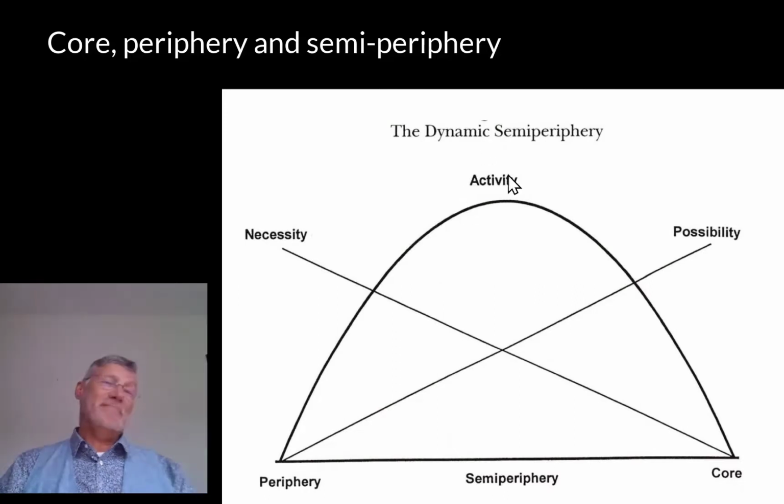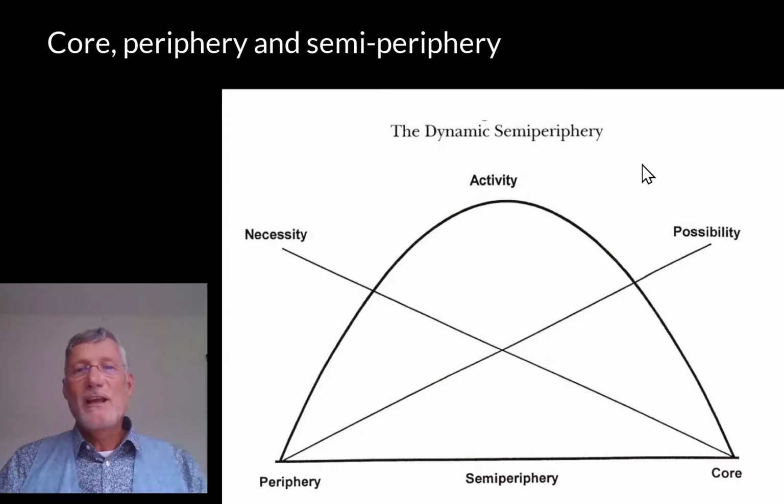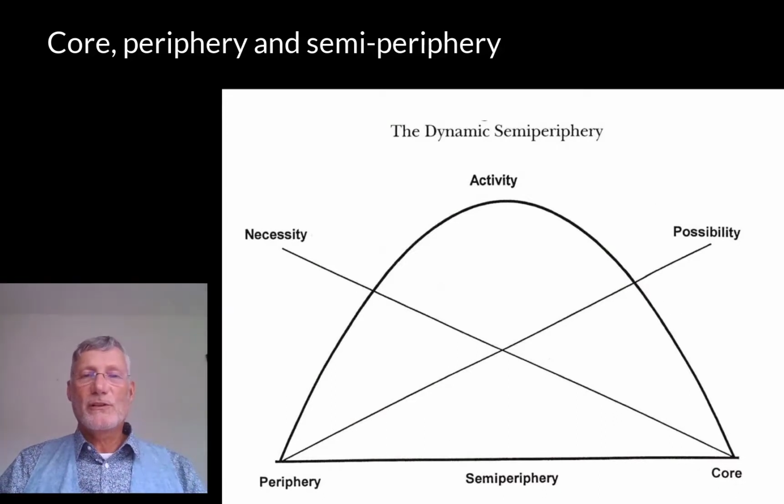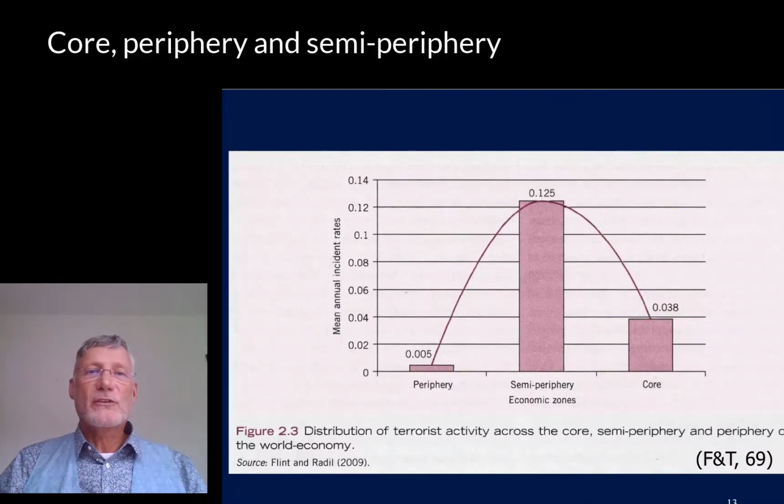In the semi-periphery, there's an optimum between necessity and possibility, so the activity by intervening in the processes in the world economy is the largest. You could also link that to terrorist activity in the world. Flint and Taylor, page 96, discuss that. There you see that the semi-periphery is also the part of the world system where most terrorist activities take place.